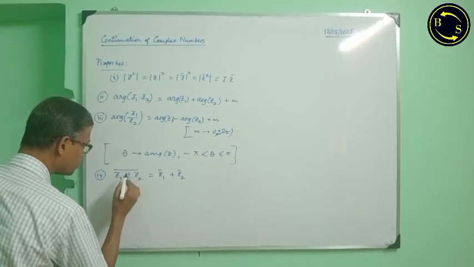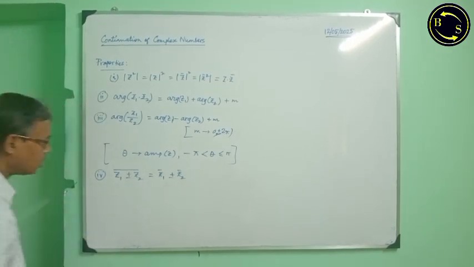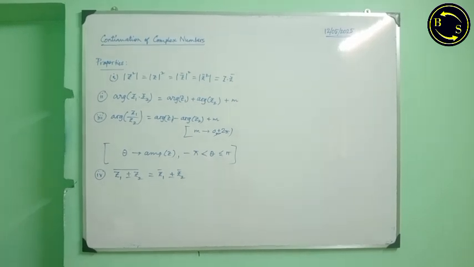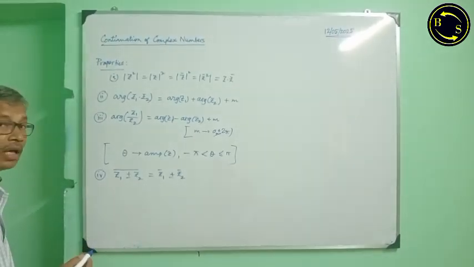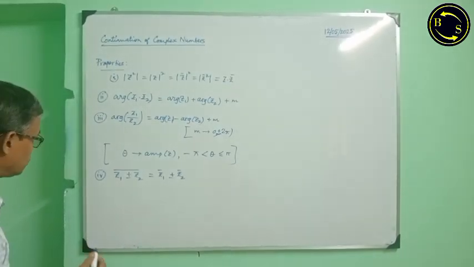Also for difference, the conjugate of z1 minus z2 is equal to z1 conjugate minus z2 conjugate. We apply the term also bar.